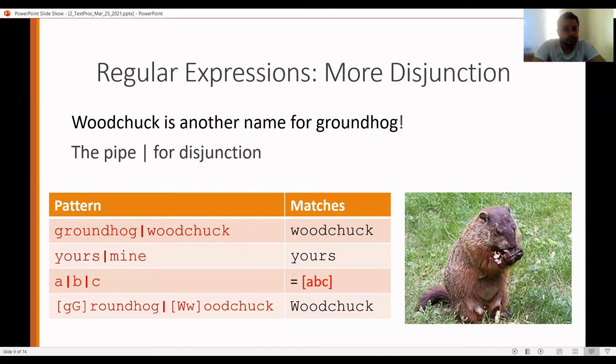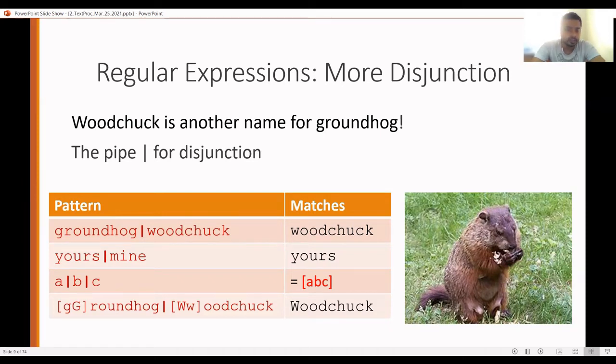Thus, the second example, yours|mine, will match any word which is yours or mine in the corpus of the text. In the third example, A, B, or C will get matched, the character. It is equivalent to mentioning it in the square brackets, [ABC].